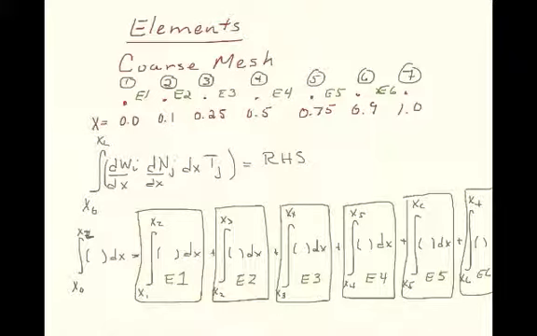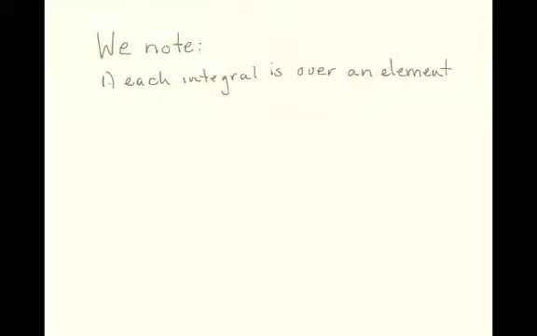So what do you notice about this? One, you notice that it's over the elements. That's the first thing. But what else do we notice? We note the following. 1, each integral is over an element. We called them line segments when we were talking about them in the homework, but the line segments in one dimension are elements. 2, notice that none of the integrals overlap.